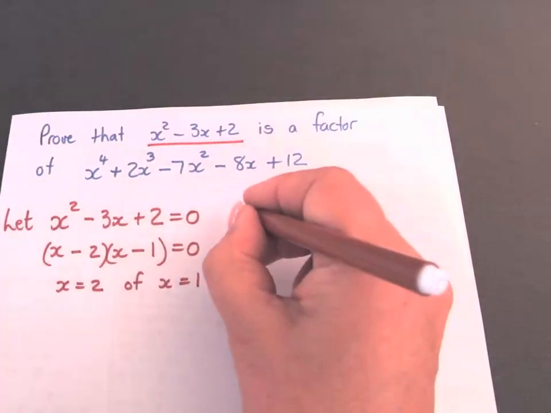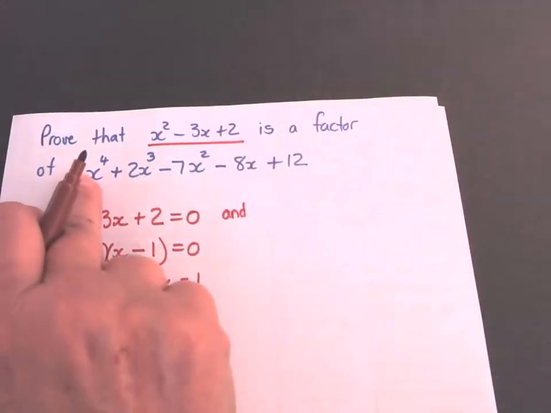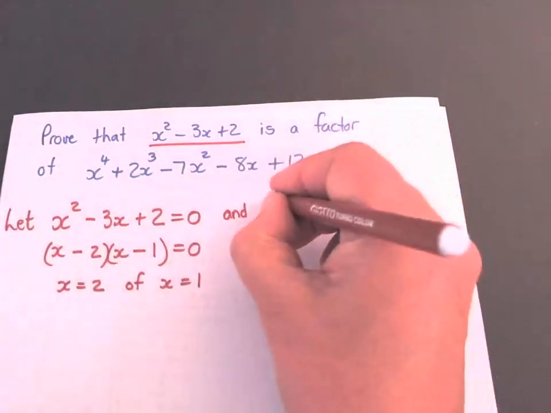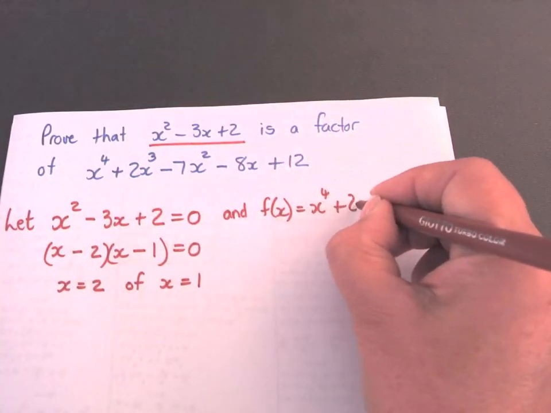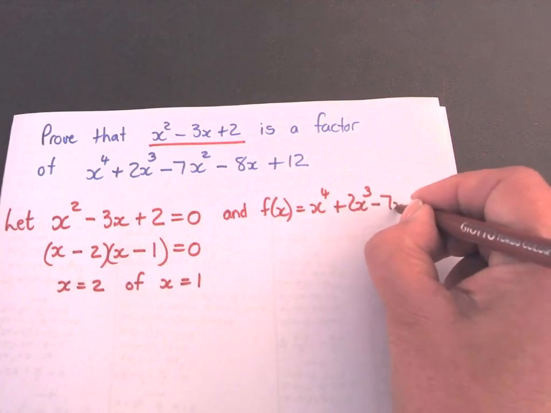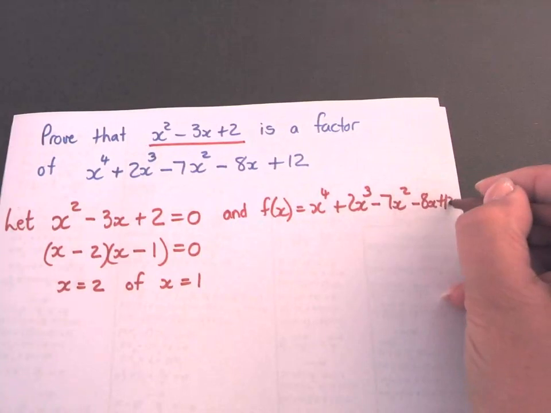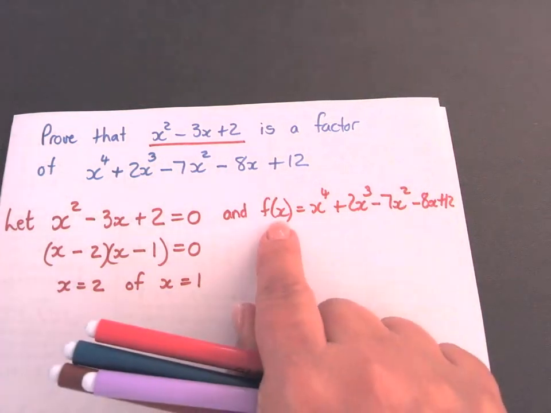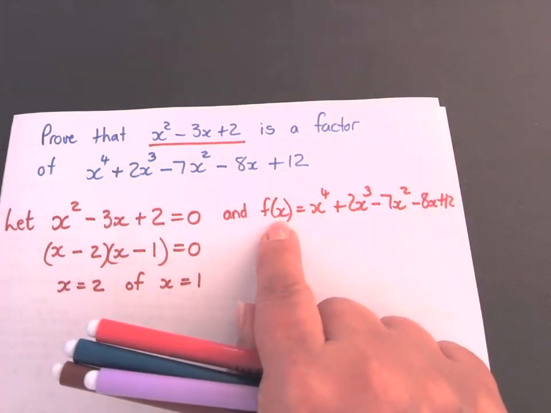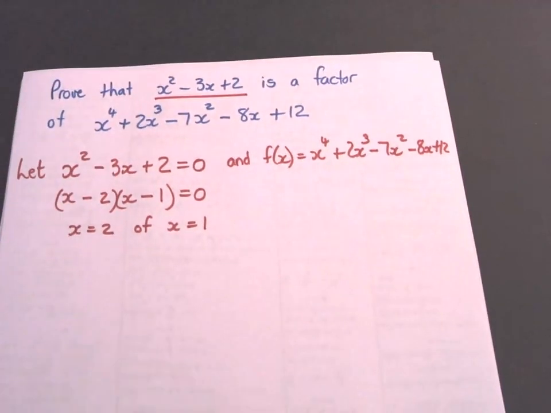Now let's give the big one a name: f of x is equal to x to the power of 4 plus 2x to the power of 3 minus 7x squared minus 8x plus 12. Why do I give it a name? So that I can show that I'm going to substitute the x with a 2 or a 1. Okay, are you awake?